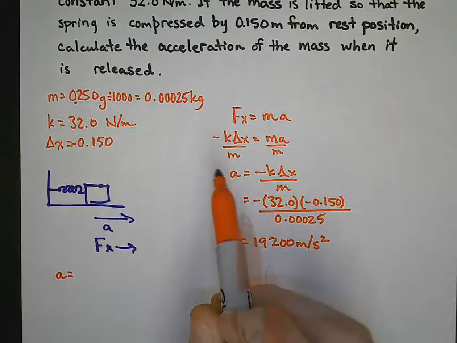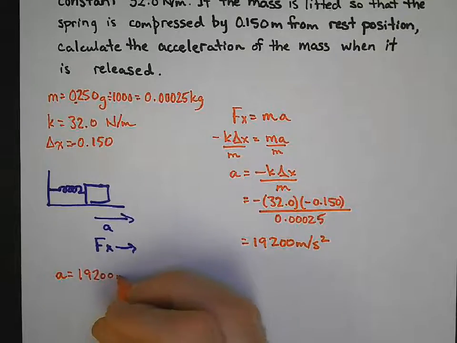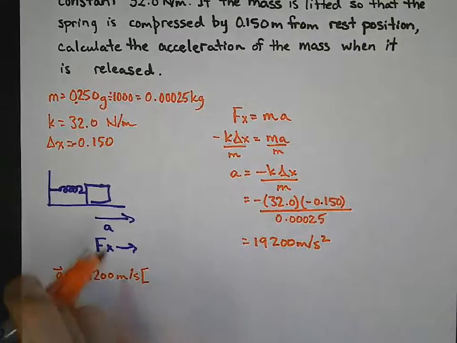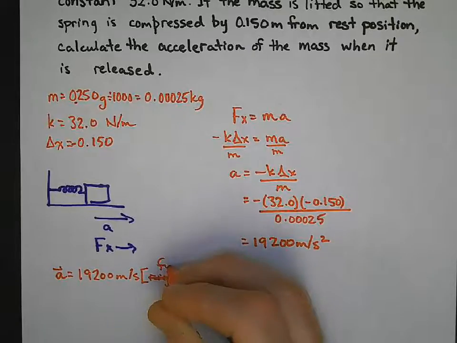We use 3 significant digits the whole way in my question. And since this is a vector quantity, we're going to say that this is traveling to the right, or forward as well, you can use. Let's use forward. Forward sounds better.